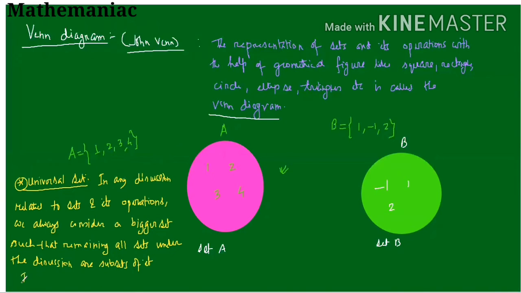It is called the universal set, and it is denoted by U, capital U.